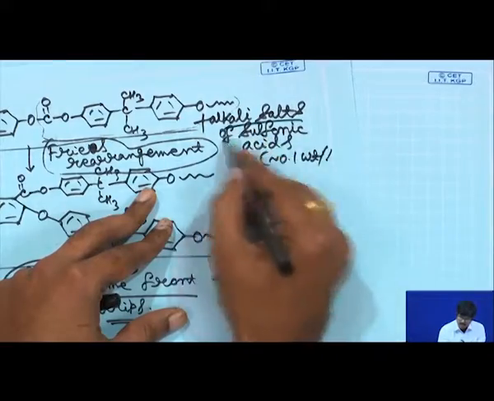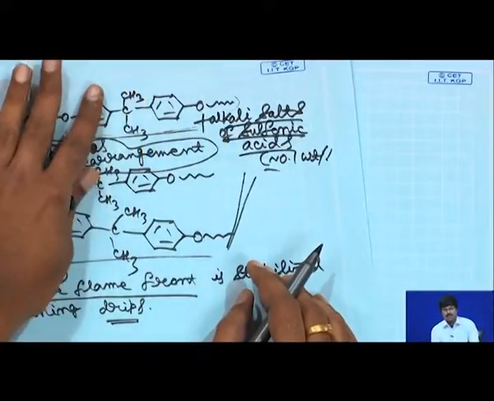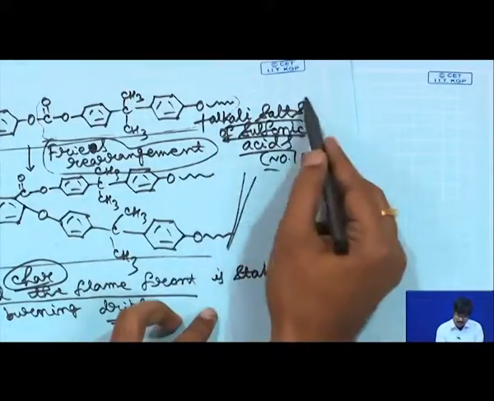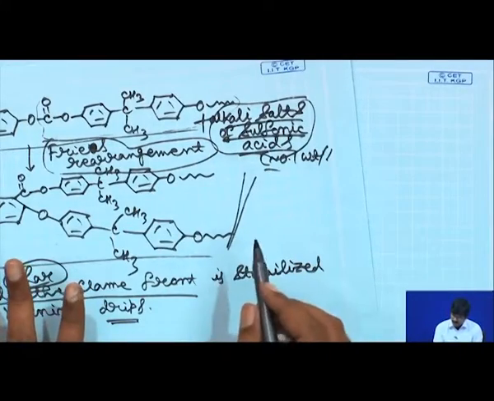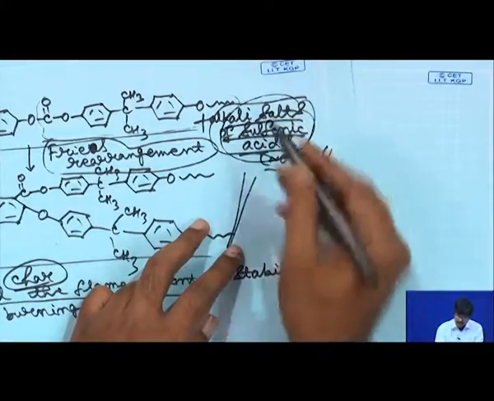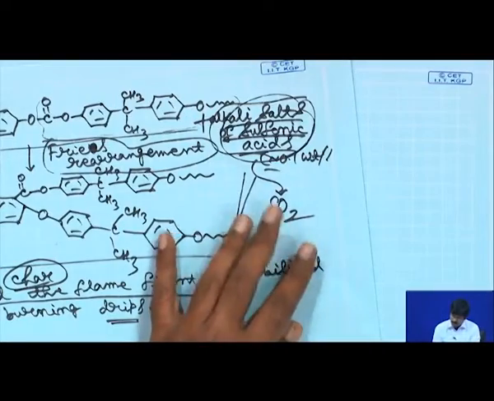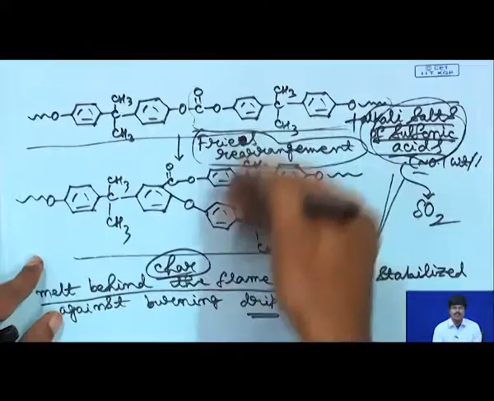This low content of additive does not affect the transparency or the mechanical property of the polycarbonate. At the high temperature of the flame front, the potassium salt of sulfonic acid decomposes and produces sulfur dioxide, and this sulfur dioxide is a powerful catalyst for this cross linking reaction, the Fries rearrangement reaction.